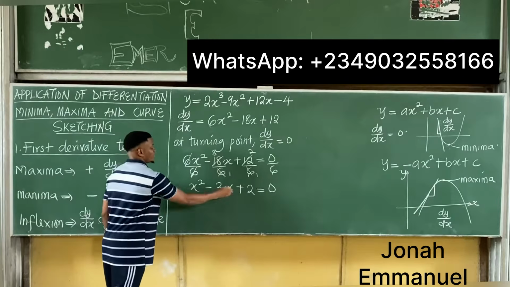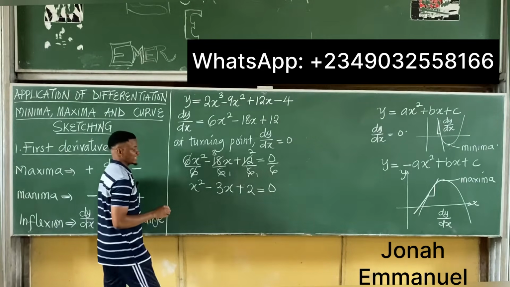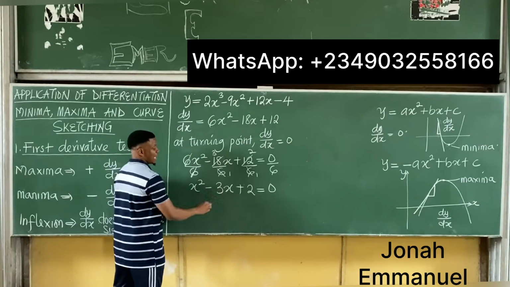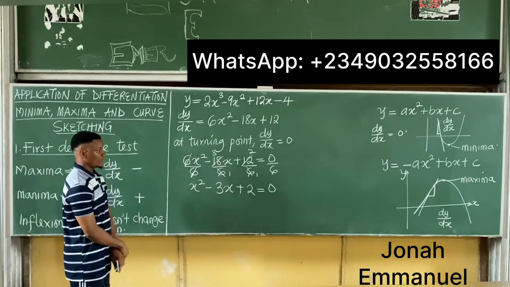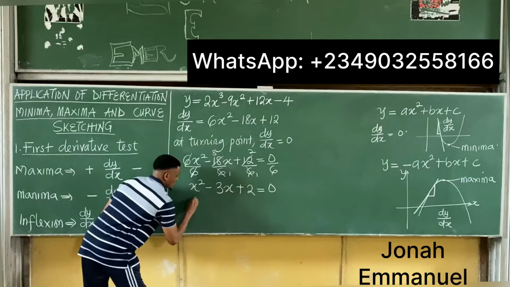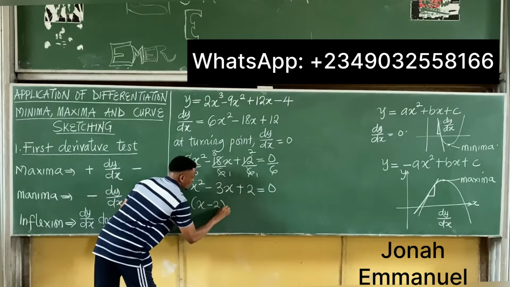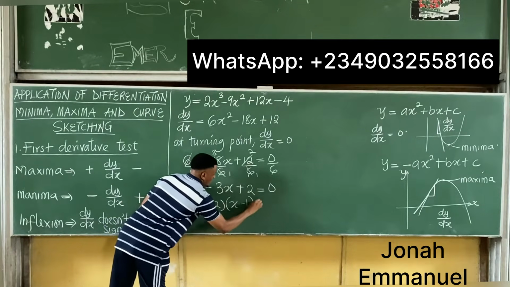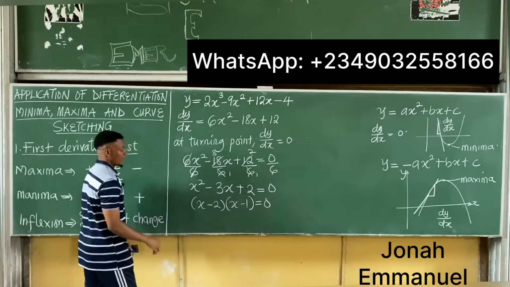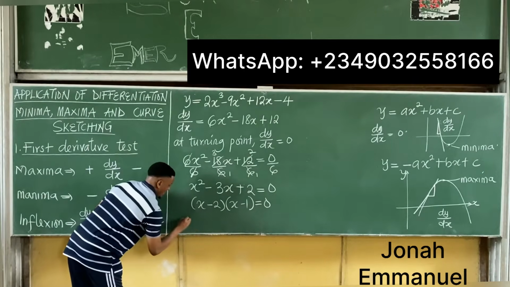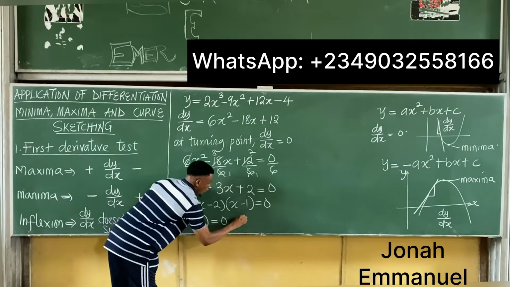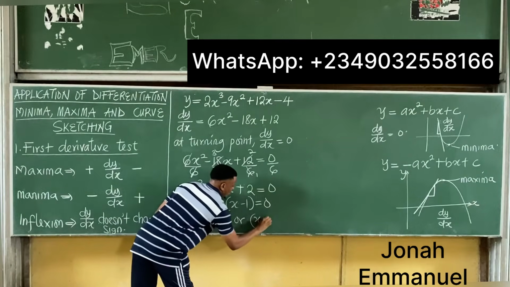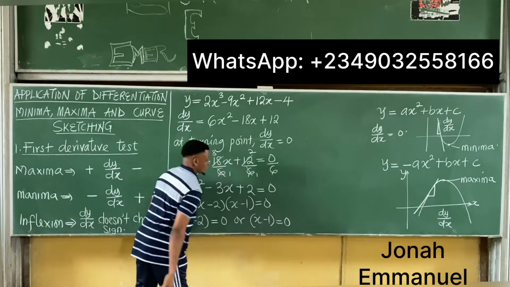Using the factorization method of quadratic equation, I'll look for two numbers such that if they add, they'll give you this, and if they multiply, they'll give you this. Those numbers are minus 2 and minus 1. So this becomes (x minus 2)(x minus 1) equal to 0. If I pick this one, I have x minus 2 equal to 0, or if I pick this one, I have x minus 1 equal to 0.